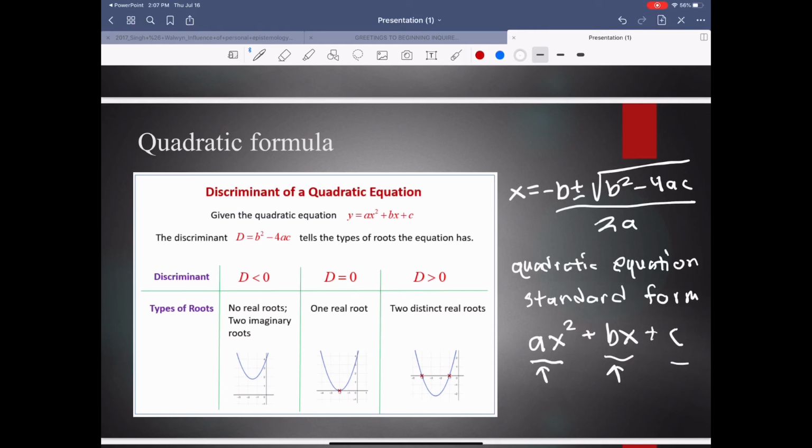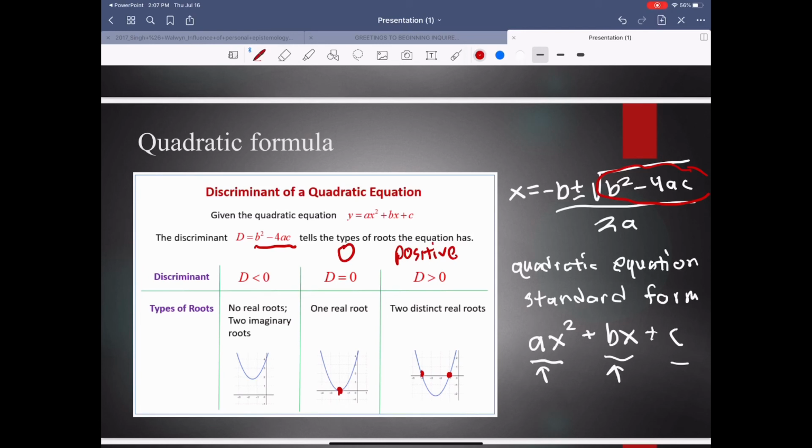Now specifically, the discriminant is this part right here, the b squared minus 4 times a times c. So without the square root. Now this is special because this will tell you how many roots there are. So when it's positive, basically, if the number that you get when you solve it is positive, that means you're going to have two real roots. That means that they will show up as x-intercepts. If the number equals exactly 0, that means you're only going to have one root or one x-intercept.